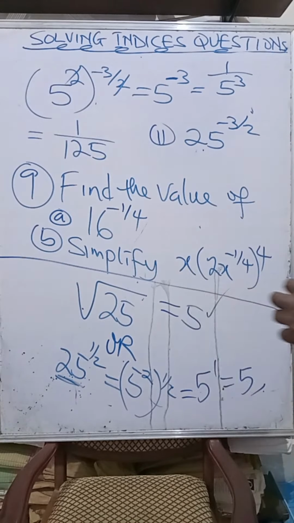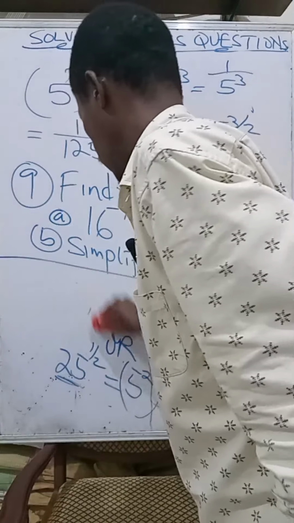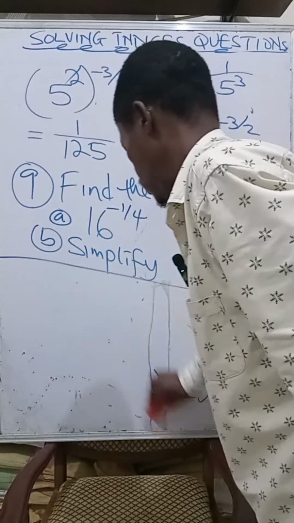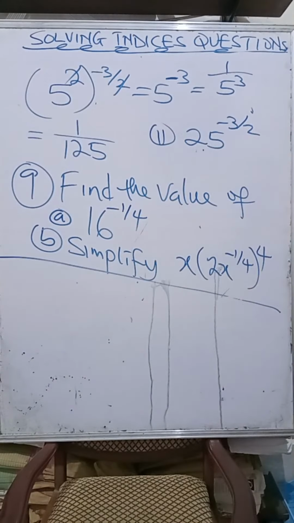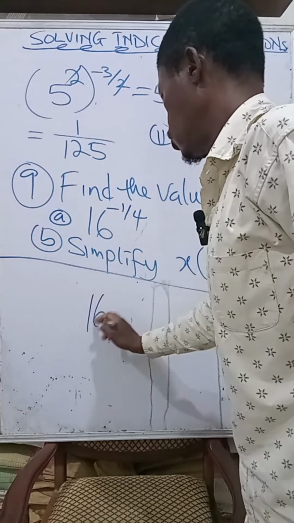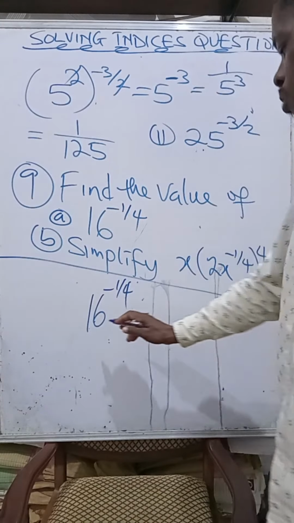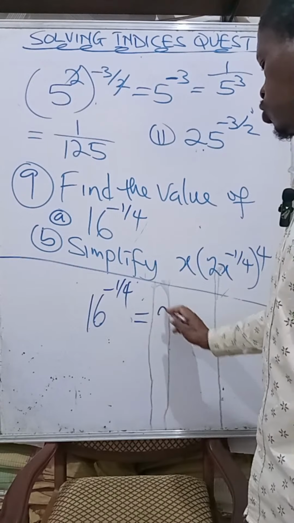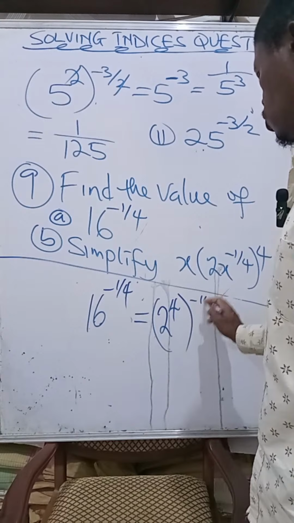Okay. Let's see question 9. We have 16 to the power minus 1 over 4, and that will be equal to, we can make this 16 to be 2 to the power 4, okay, and then minus 1 over 4.